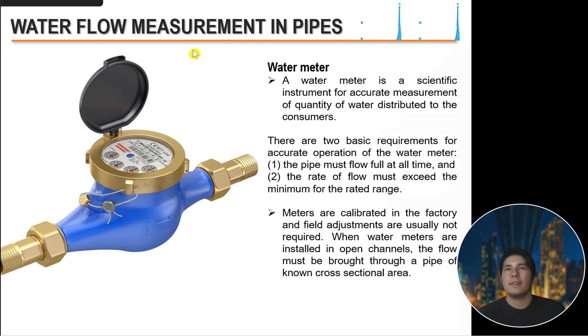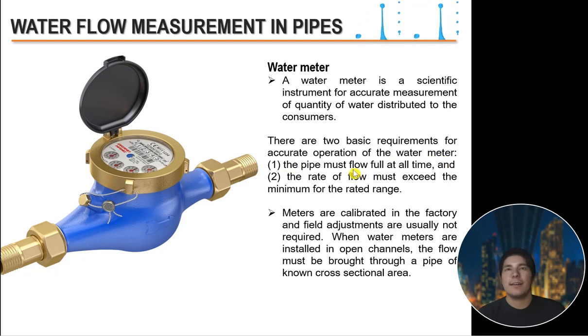Okay, so we also have what we call the water meter, which we use in pipes. A water meter is a scientific instrument for accurate measurement of quantity of water distributed to the consumer. There are two basic requirements for accurate operation of the water meter.